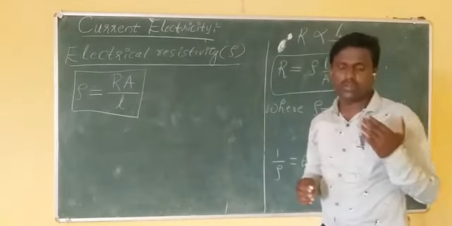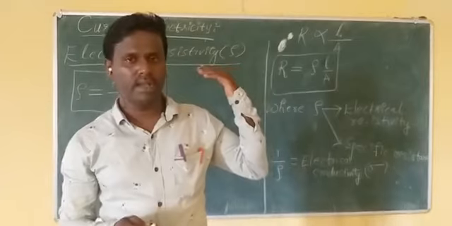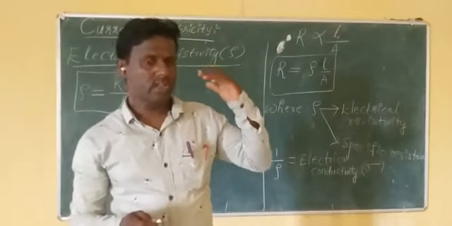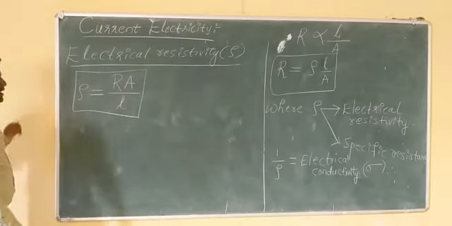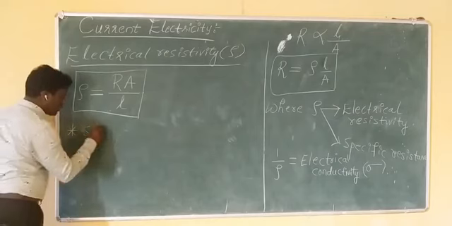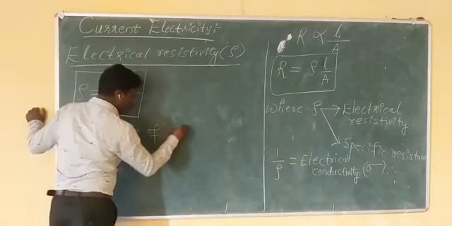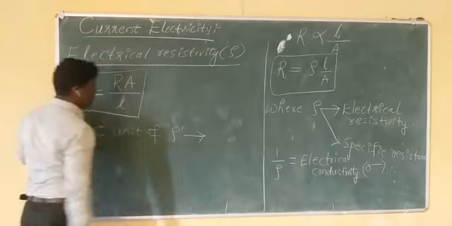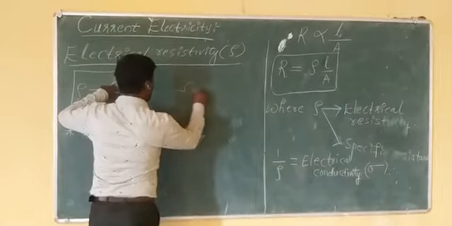First try to remember the formula for resistance: R equals V by I. You learned this in Ohm's law. Here, resistivity rho equals RA by L. Now the SI unit of rho. Just think. Unit of resistance is ohm, right?